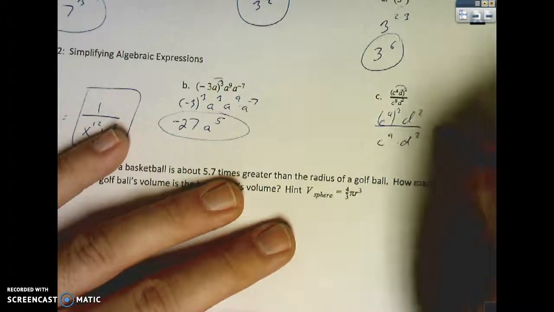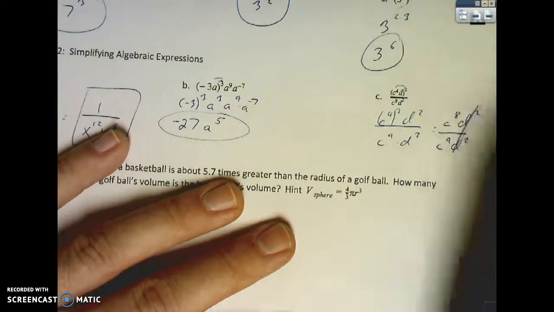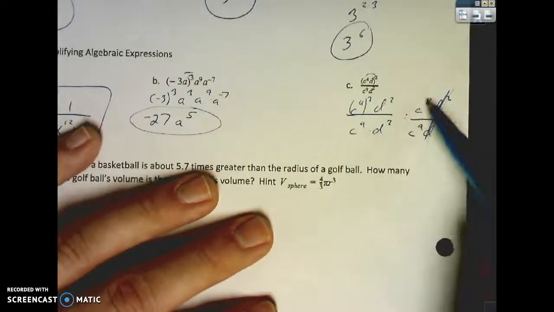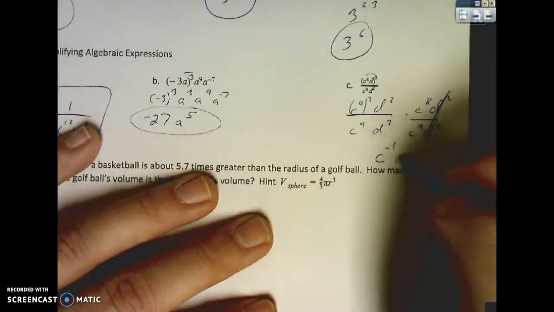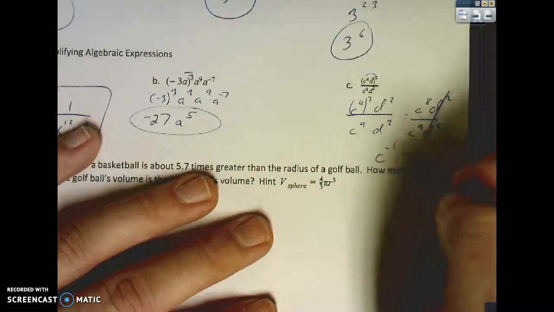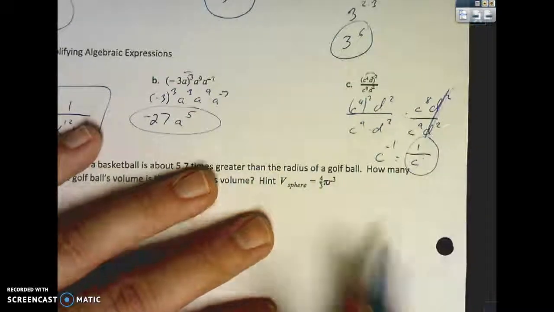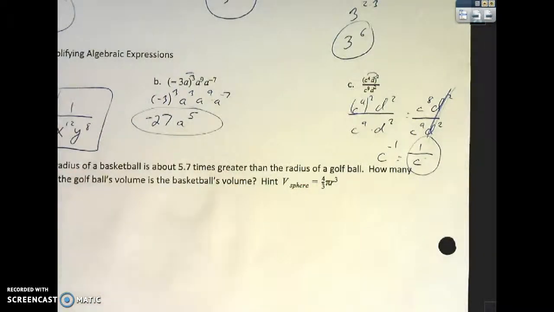C to the 4th squared is c to the 8th, d squared over c to the 9th, d squared. These cancel out. Now, if I do 8 minus 9, I get negative 1. But I don't want negative exponents, right? So it's just 1 over c to the first power. You don't really put down the first power a lot of times. You just kind of leave it be. You should be in good shape there.